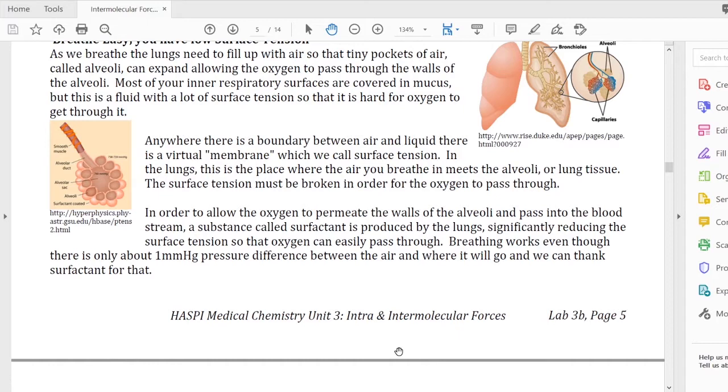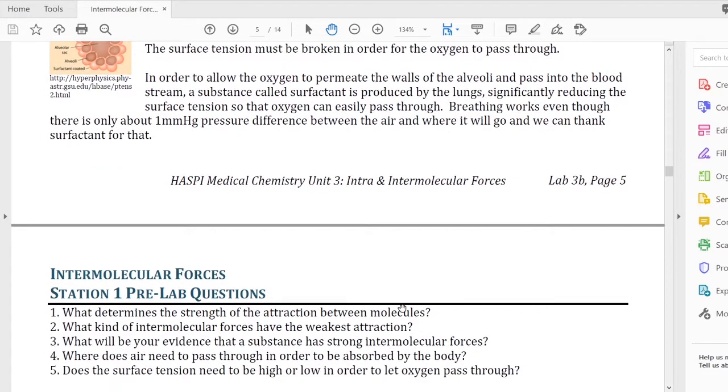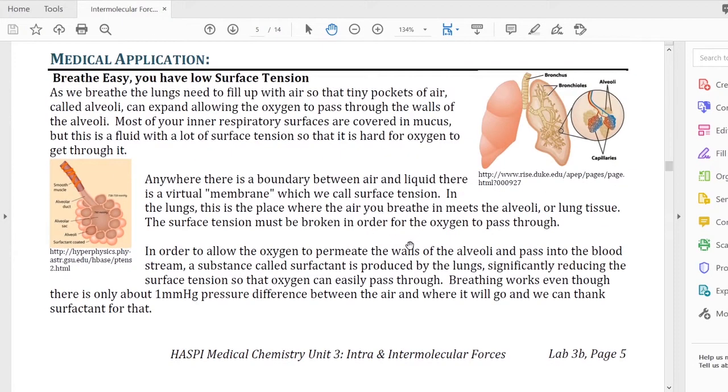They can give them a little more surfactant if they're not getting enough, being able to breathe in. And you've probably also had problems where people have too much liquid on their chest and in their lungs, and that can cause a problem with breathing. As you watch this, you'll go through, I believe, 4 different ones, and you'll see how the surface tension is different. So have fun.